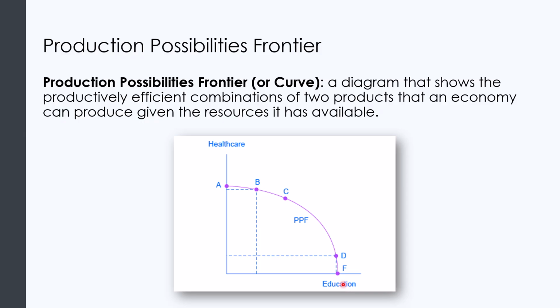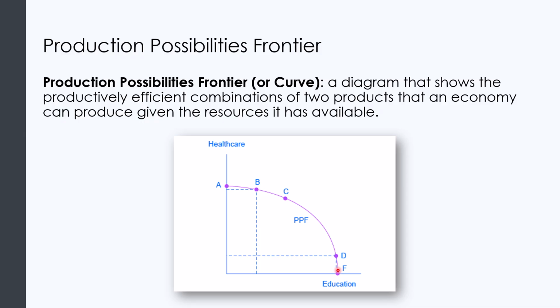So just like our budget constraint on the previous slide, we would begin by identifying, for whatever budget we have available, what our point would be if we spent it all on healthcare. Then we would identify what it would be if we spent all of the budget on education.